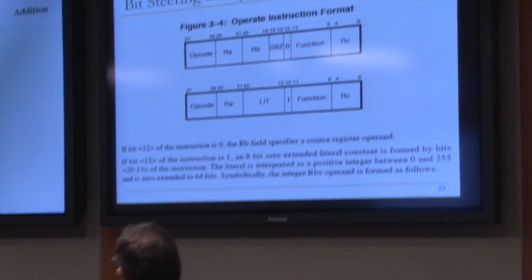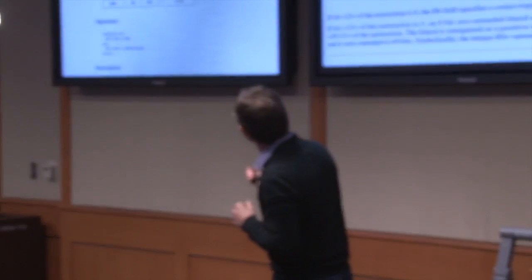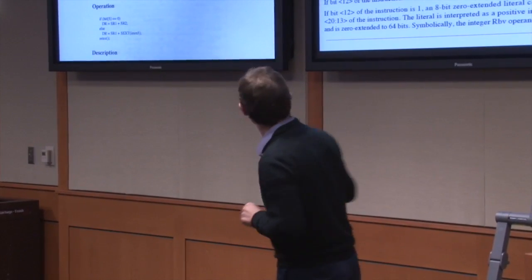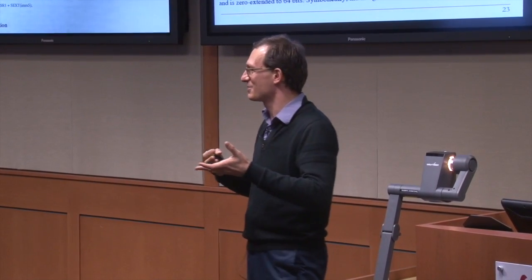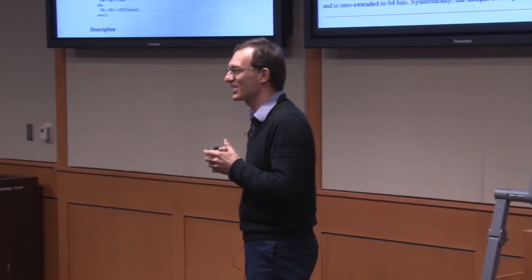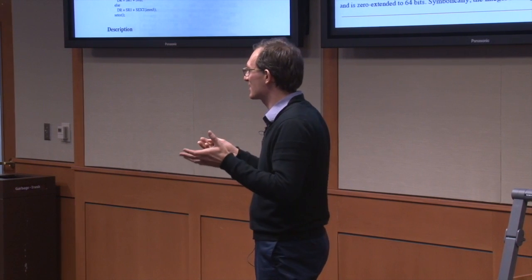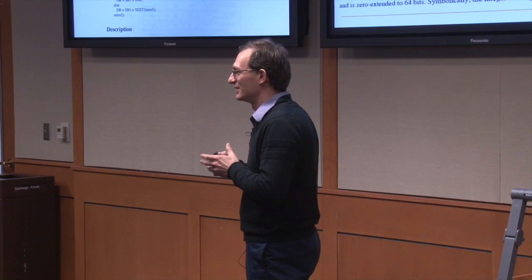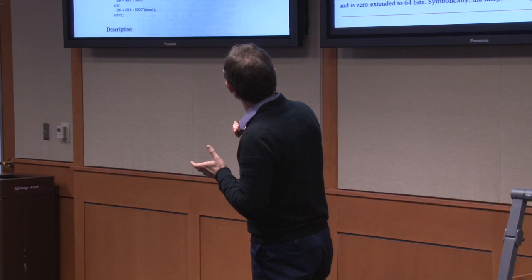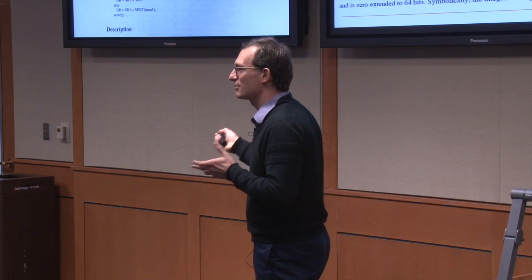But here, the designers have made a choice. Here, this immediate is sign extended, whereas here, it's zero extended. Even that's a choice. You've got to make these low-level choices whenever you're designing an ISA. Why would you want to sign extend versus zero extend? Well, if you want to operate with negative values easily, probably sign extending is a good idea.